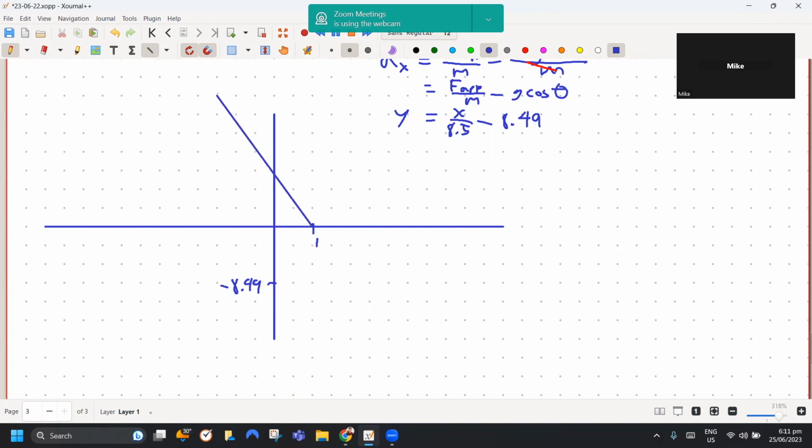Wait, ano slope? 1 over 8.5. 1 over 8.5 is positive. Tapos may 2.5. Next, hindi 1 yan. Ano yung value ng x na nagpapa-0 sa y?